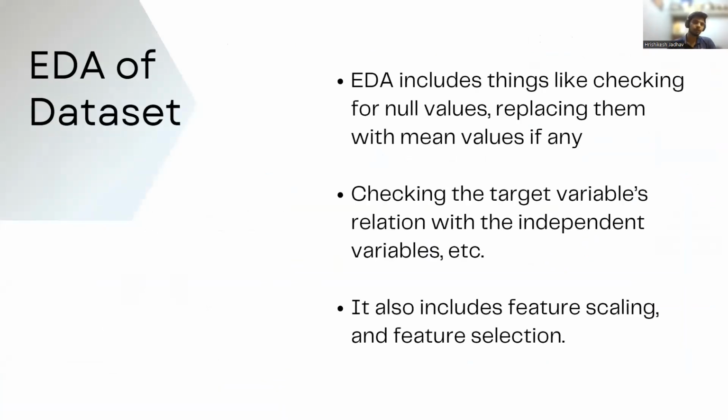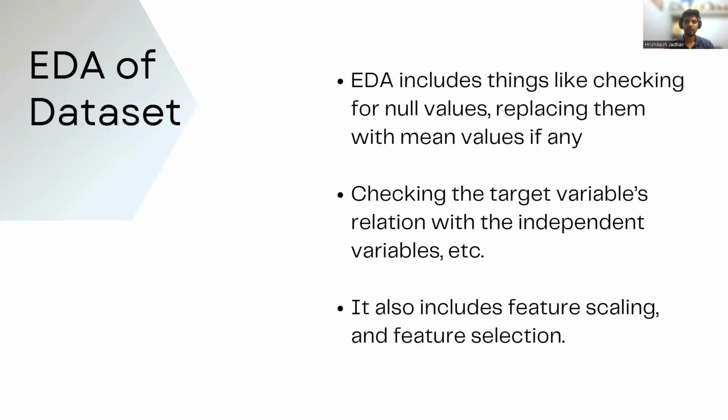So next step. Before we start creating the model, we have to do EDA of the data set, which is exploratory data analysis. What exploratory data analysis does is check if there are null values, which is zeros, in the given data set I showed before.